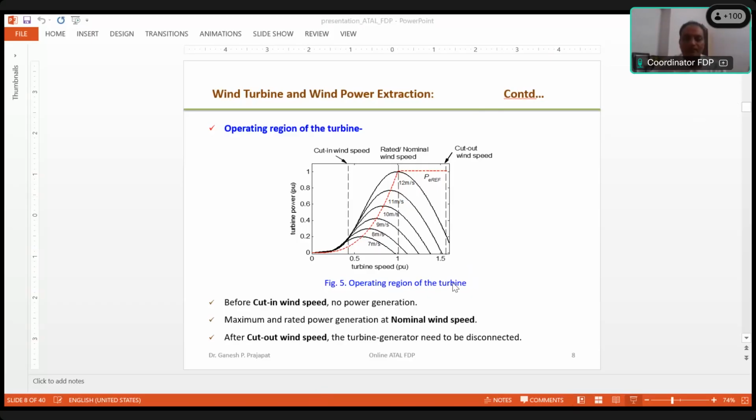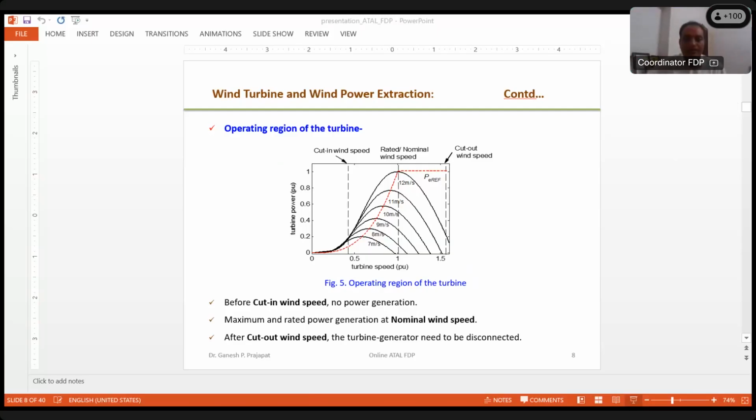In that case, we need to adjust the pitch angle so that it maintains the speed between or below the cut out wind speed, because it should not run beyond it. It may cause some mechanical failure of the turbine. So that's why it should operate before the cut out wind speed.